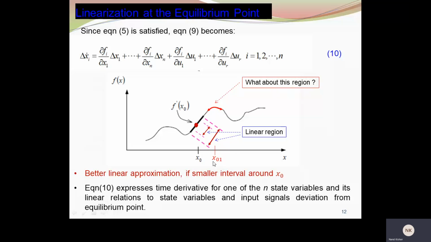So if the state variable moves to the point where the equations cannot be linearized, we can have a better linear approximation for smaller deviations around the initial operating point. But if the deviation is large, because of large magnitude, then in that case, the equations cannot be linearized.